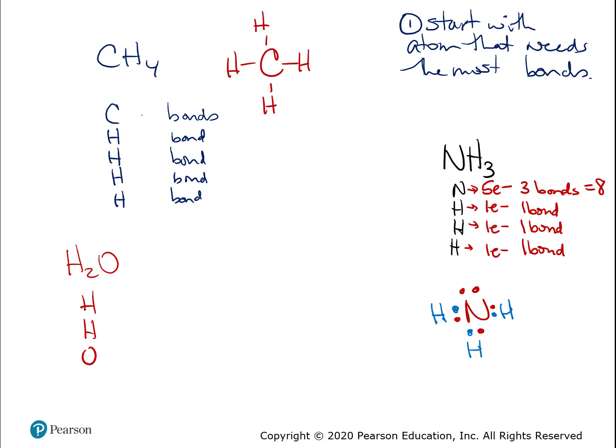In doing this, you can see that nitrogen has 8 around it, 2 up, 2 down, 2 left, 2 right, and each hydrogen has 2. I've used all the atoms. NH3 is a nitrogen with 3 hydrogens covalently bound, or single bonded, to it. And if I was going to do the Lewis structure, I would just have a little dash to each H.